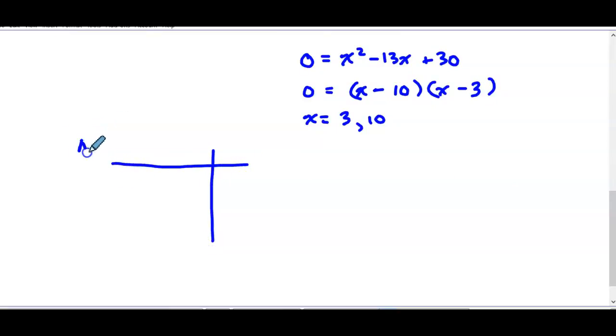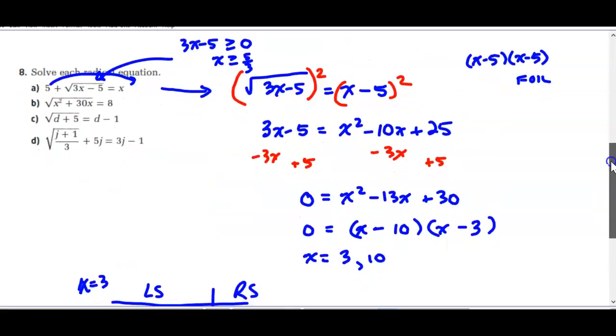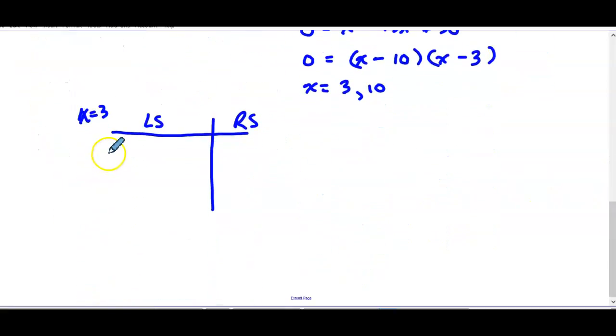So I'm going to start with x equals 3. And what was my left side again? 5 plus root of 3x minus 5. So 5 plus root of 3 times 3 minus 5 here. And the right side was x, so that's 3.